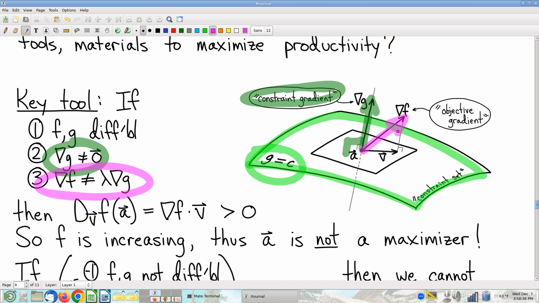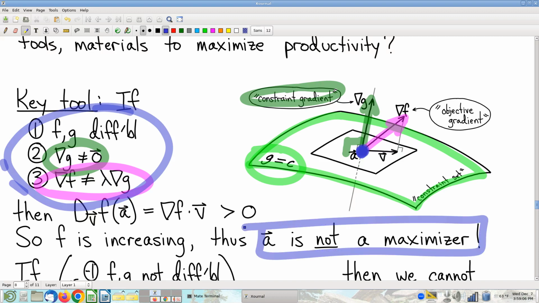So, if it's not a multiple of the constraint gradient, then it's kind of tilted off of that perpendicular. All right, so that's our setup. Is everybody with me so far? I claim with this setup, we're going to be able to argue that at the point where these conditions are satisfied, I'm going to be able to show for sure that that's not a maximizer. Okay, so here's how that works.